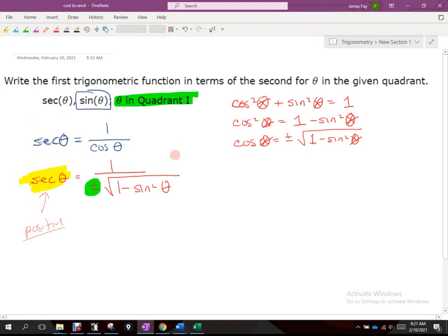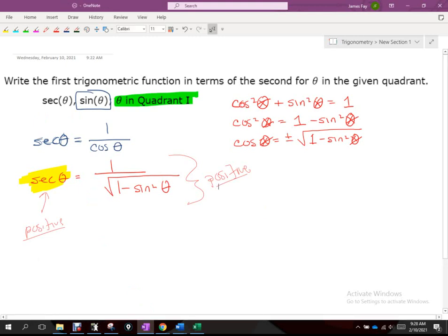Meaning that this quantity over here needs to also be positive if these things are going to equate to one another. Obviously 1 is always positive. How am I going to make the denominator positive? I'm going to have to choose the positive version, right? And there we have secant theta is equal to 1 over the square root of 1 minus sine squared theta.